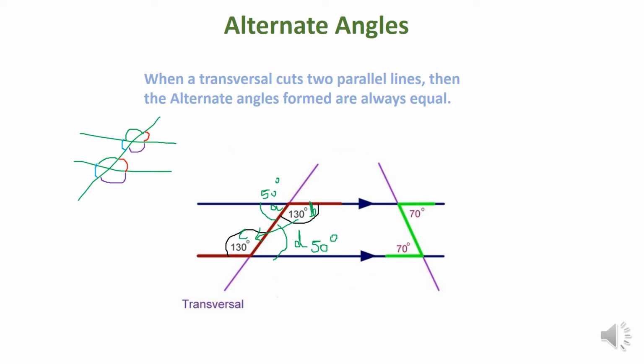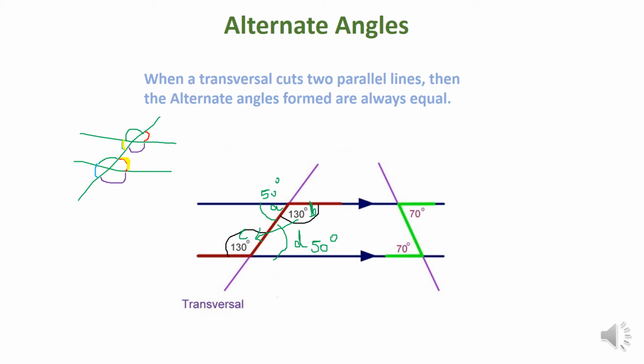The second thing we learned is that alternate angles are equal. And now let's go and identify the alternate angles. Alright, this angle here, I'm highlighted in yellow, I really hope you're seeing that, and this angle here are alternate angles, so they would be equal as well. Now a different color.